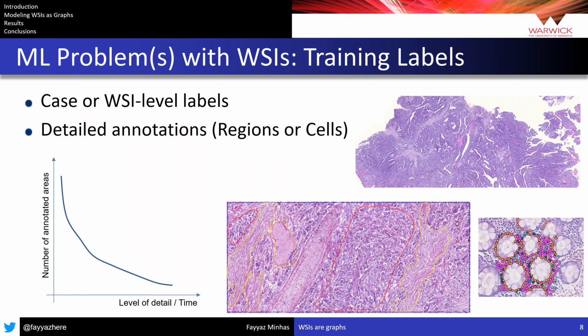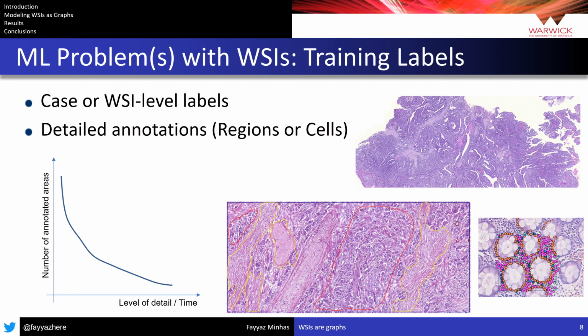Typically, it's really easy to get slide level diagnosis from a pathologist for a given whole slide image. However, getting more detailed annotations of different types of tumor regions or for cell level annotations can be quite hard. So the number of annotations, or the amount of detailed labeling, that we can expect with a whole slide image can be quite small.